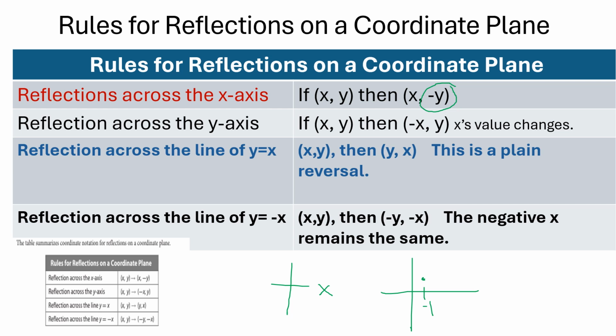When you fold that sheet of paper, this is going to come over here, and this is +1, I'm sorry. Y is the one that you're really worried about changes.